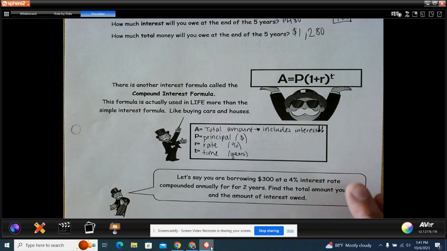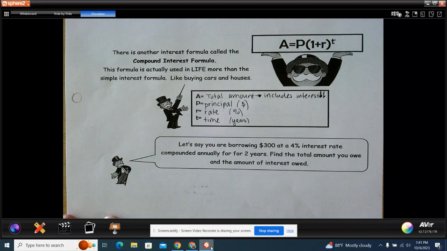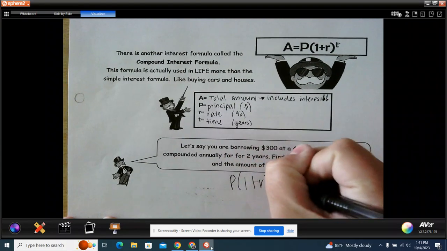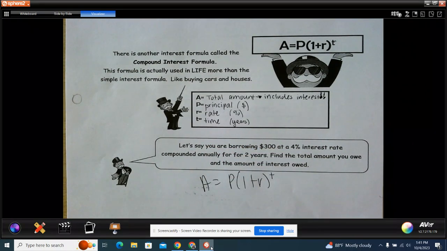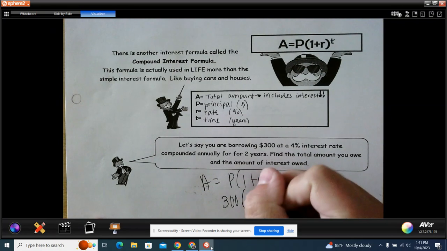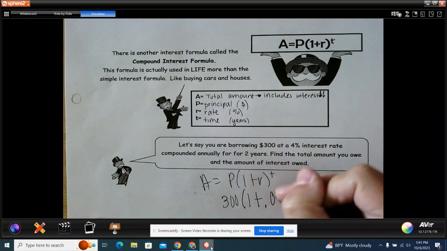So let's start with our first question. So let's say you're borrowing $300 at a 4% interest rate compounded annually for 2 years. Find the total amount you owe and the amount of interest you owe. So here is my formula. So my principal, again, is my money amount, what we're borrowing. 1 plus my R is going to be our percentage, which is 0.04.